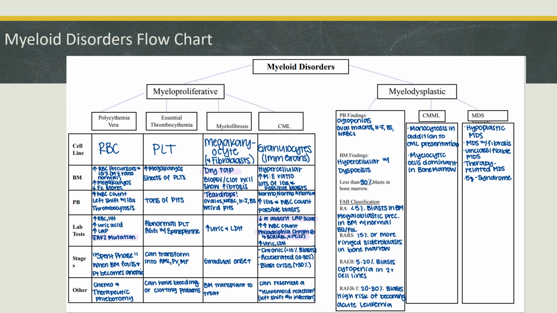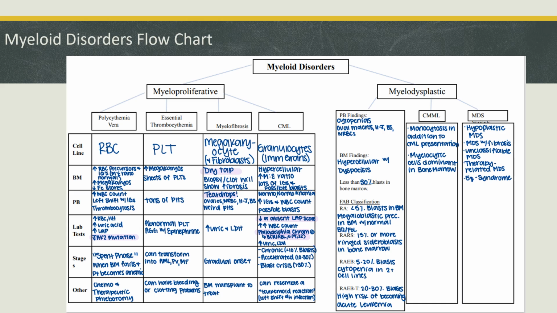Myeloproliferative disorders are usually a proliferation of one or more cell lines, usually with a predominant cell line of proliferation. Typically, these myeloproliferative disorders present with a hypercellular bone marrow and an increase in a variety of different cell lines, depending on which type of myeloproliferative disorder we're looking at.